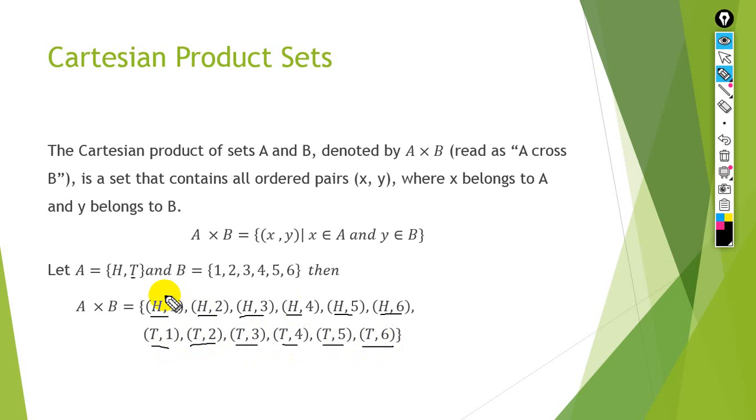So how many ordered pairs do we have? 1 2 3 4 5 6 7 8 9 10 11 12 ordered pairs.